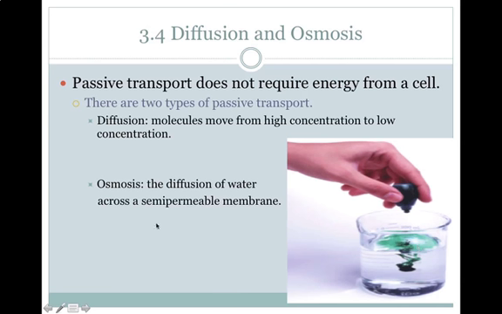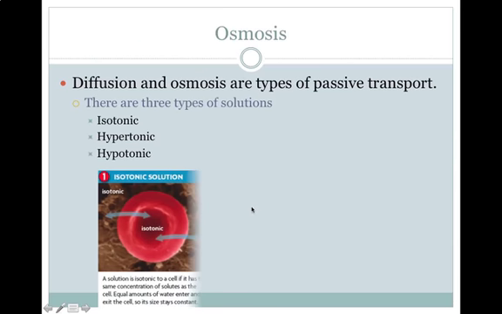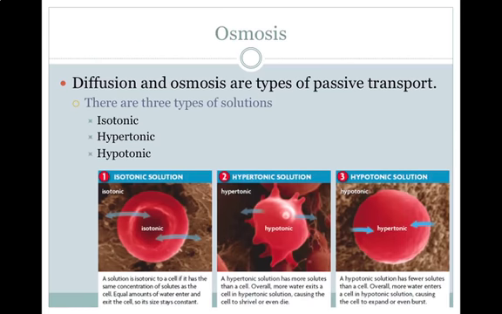Osmosis is another kind of passive transport, but it's a little specific. It only describes the movement of water across a semipermeable membrane. Now if we take a look at three cells here, the movement of water that we see in osmosis is going to be dependent upon the solution that this cell finds itself in.